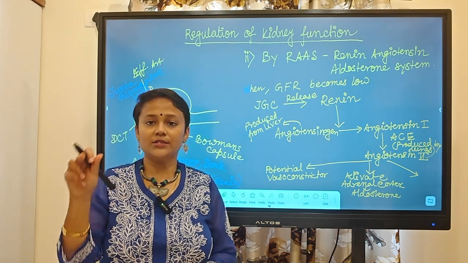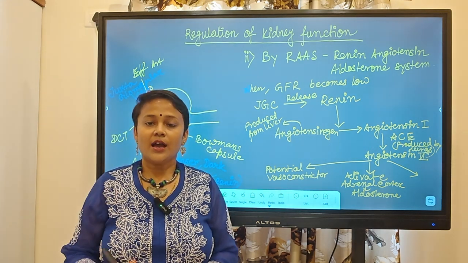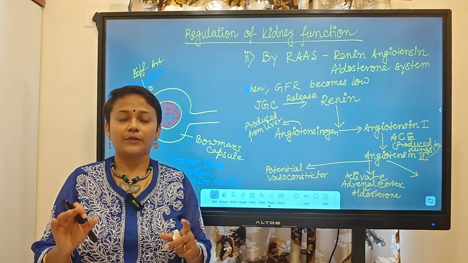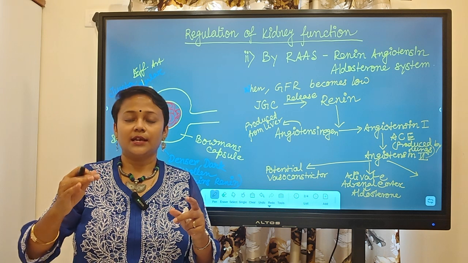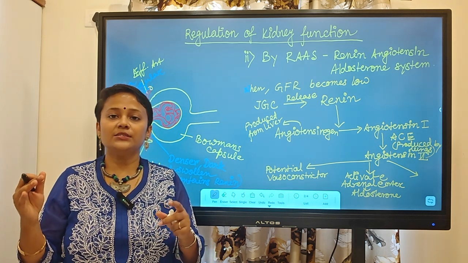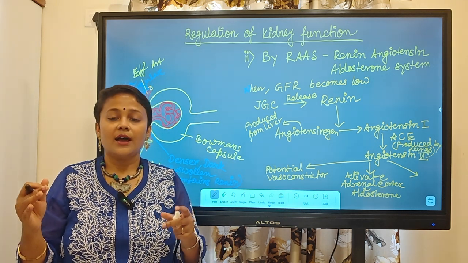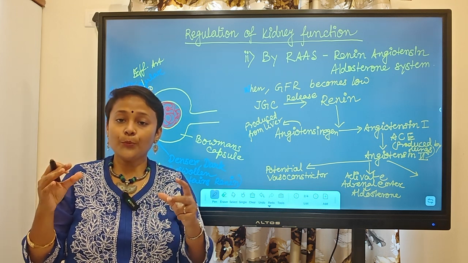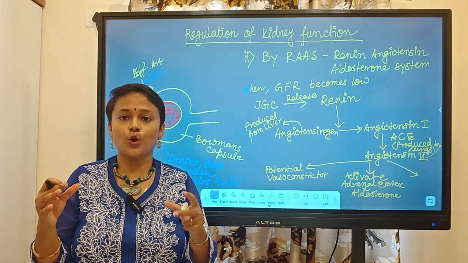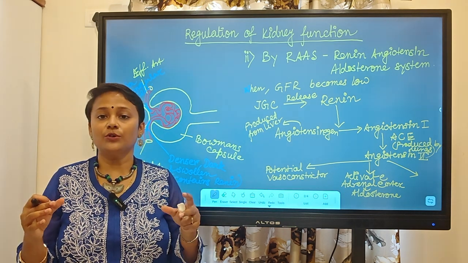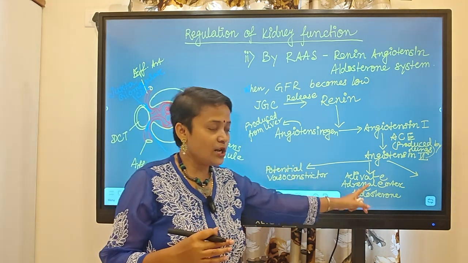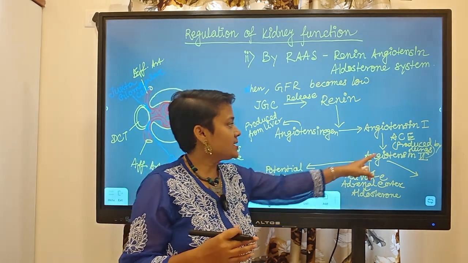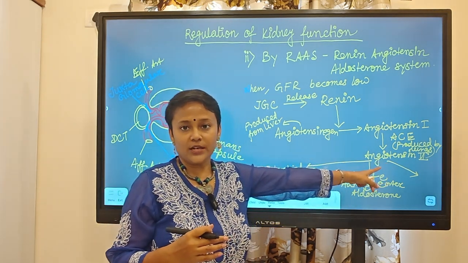It is a triangular shaped gland, and the outer part is called cortex, the inner part is called medulla. Cortex will have three layers. The outermost layer is called zona glomerulosa, and that zona glomerulosa produces a group of hormones called mineralocorticoids. And the main hormone of mineralocorticoids is aldosterone. So aldosterone will be secreted when there is angiotensin 2 production.